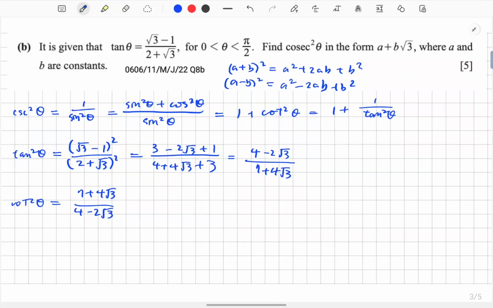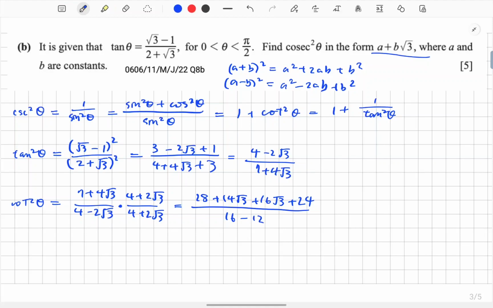And because the question requires it in the form of a plus b root of 3, we'll have to rationalize. And now we combine like terms.